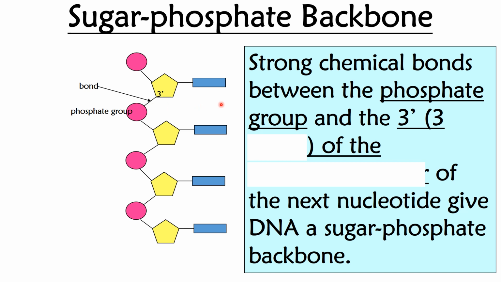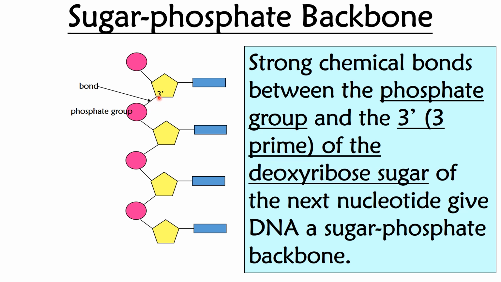These are strong chemical bonds. They exist between the phosphate group and the 3' of the deoxyribose sugar of the next nucleotide, and this is what we call the sugar-phosphate backbone. There's the sugar, there's the phosphate. This is a strong backbone in that strand of the double helix. So that's what one strand would look like, your chain of nucleotides.